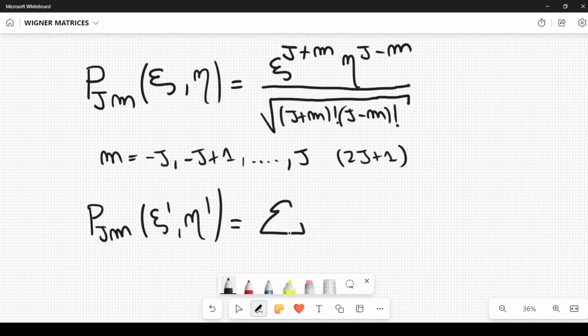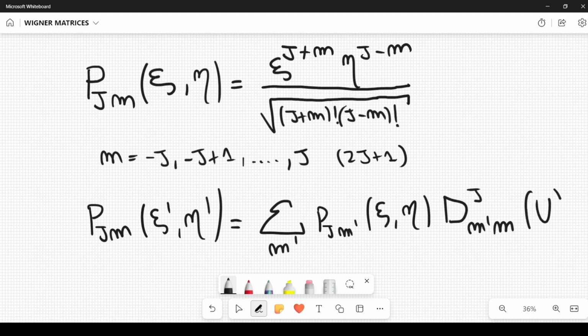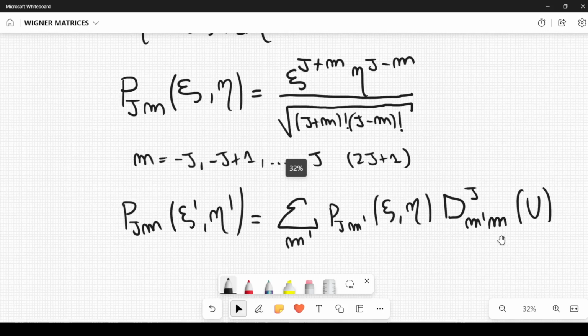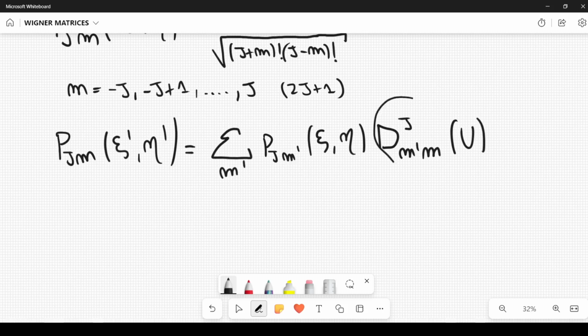And I want to expand it as a sum over m prime of p_jm prime of xi, eta, and then I have some coefficients d^j_m'm of U. So this will be a function of the group element U. And in particular, these are indeed the Wigner matrices. So if we fix this j, we get a matrix because we have two indices here, and we can interpret these coefficients as matrices.